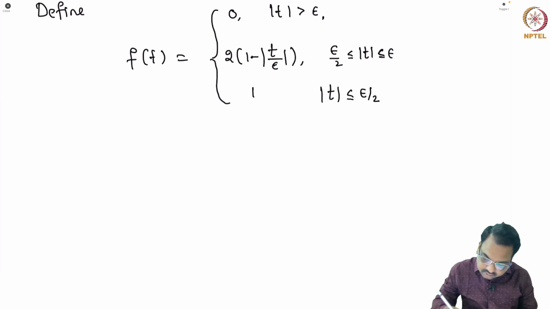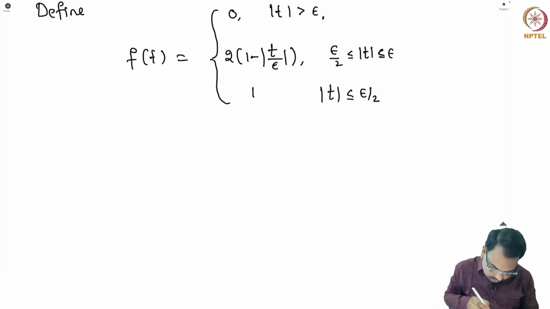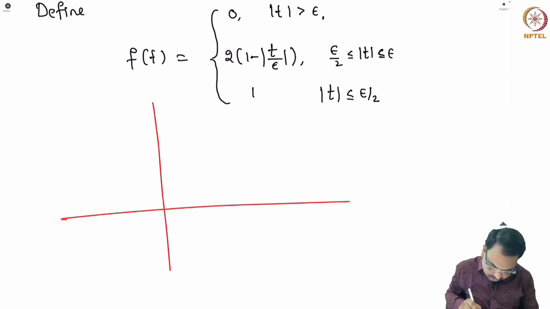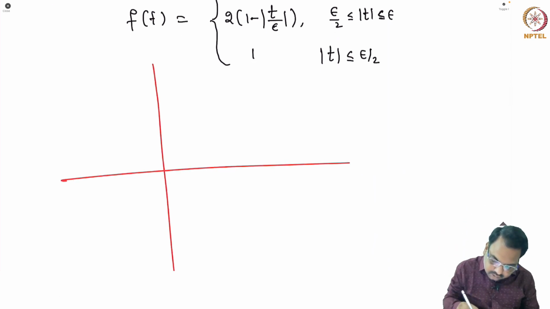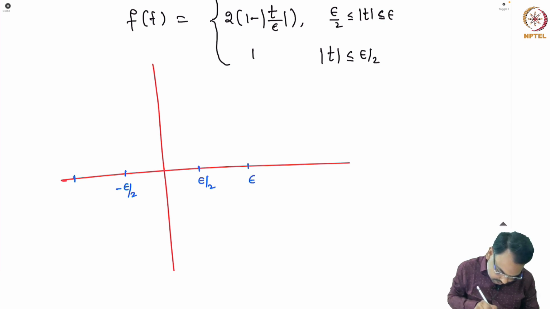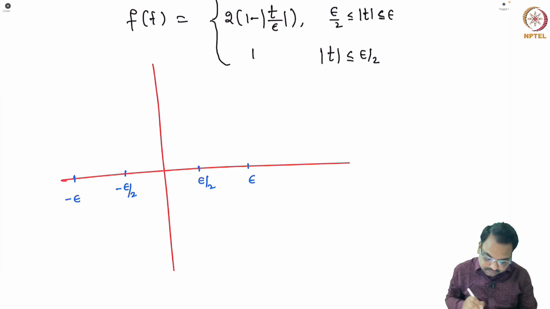We can draw the graph of this function. Okay. So this is minus epsilon by 2, epsilon by 2, epsilon, this is minus epsilon.